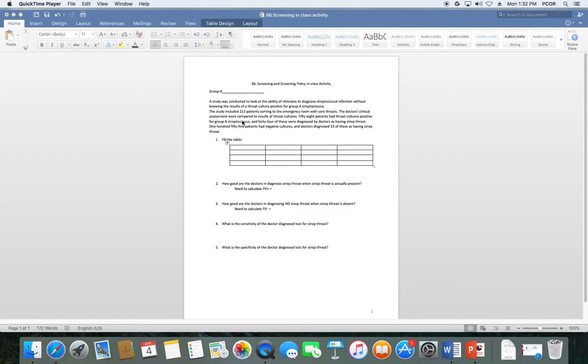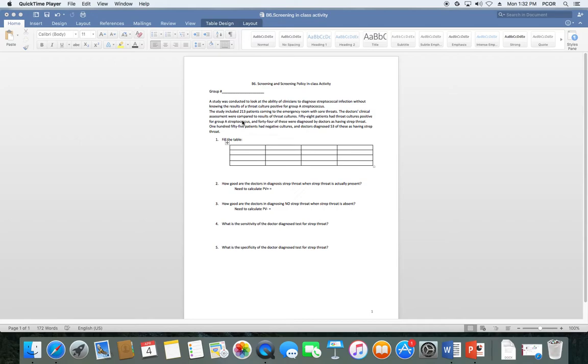We have a high comparable doctor's diagnosis to the actual culture. But patients who were diagnosed with strep throat but really do not have strep throat because the culture turns negative probably were given a treatment which is not necessary.